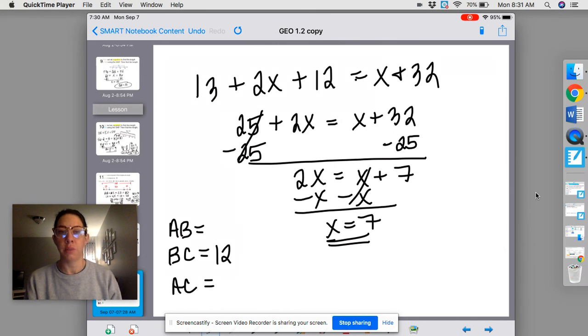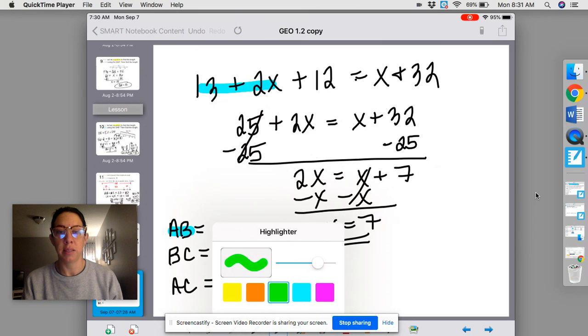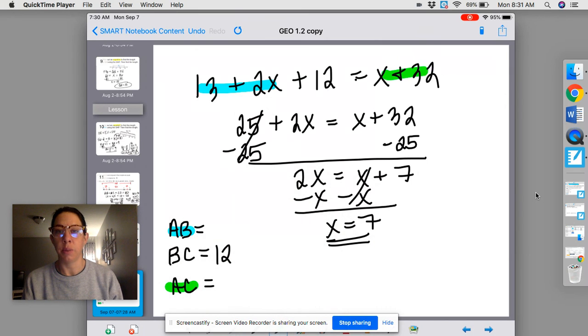So I'll just have to do some quick evaluating for AB and AC. AB was represented by the 13 plus 2x, and AC was represented by the x plus 32. So now I can just take 7 and I can substitute in.